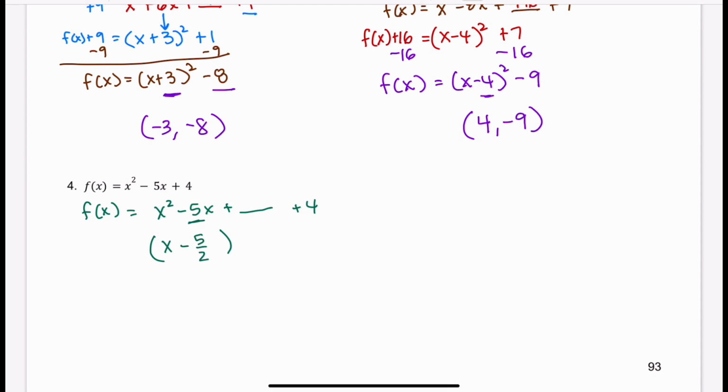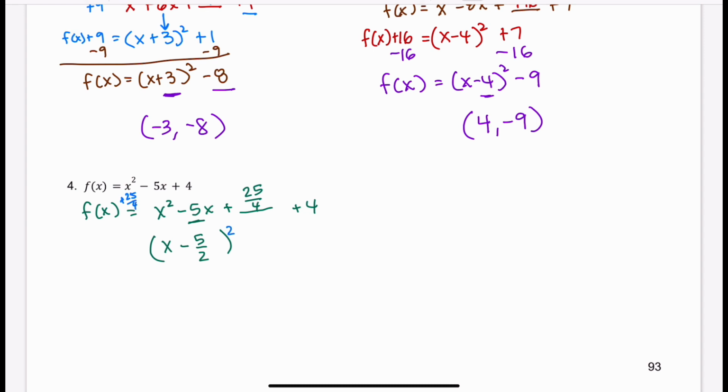Now, if I square -5 over 2, I'm going to have a positive 25 over 4. 5 times 5 is 25. 2 times 2 is 4. So I add 25 over 4 on the right side. I have to also add 25 over 4 on the left side.